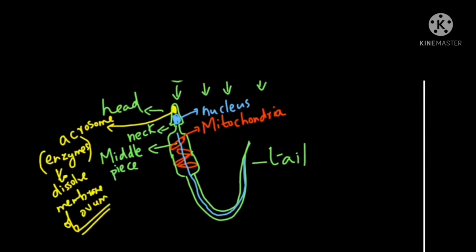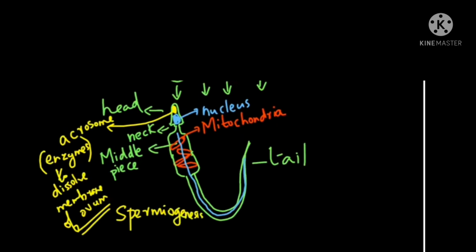That is done by the acrosome's enzyme. And mitochondria gives energy to the sperm, tail helps in swimming. So like this modification comes to the sperm. This step is called spermiogenesis.